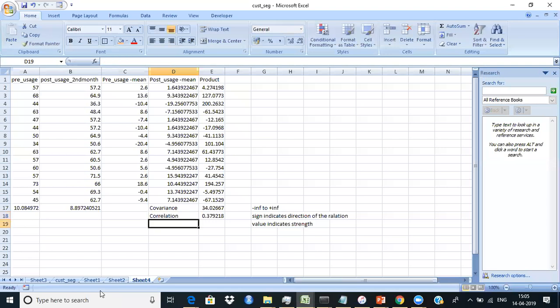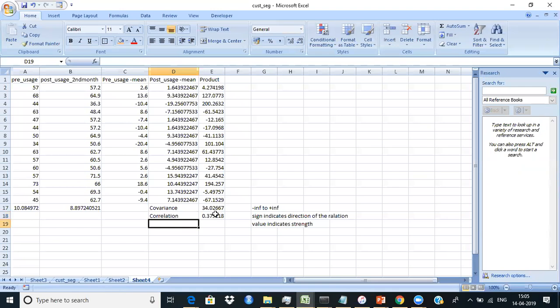And what are the properties? The correlation metric is bounded by -1 and +1. So it will vary between -1 and +1. Its sign indicates the direction of the relationship. And the good thing is, since it varies between -1 and +1, we can express this as a percentage.